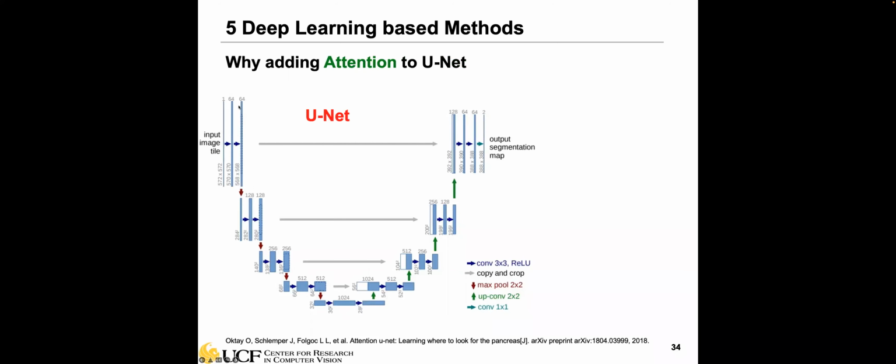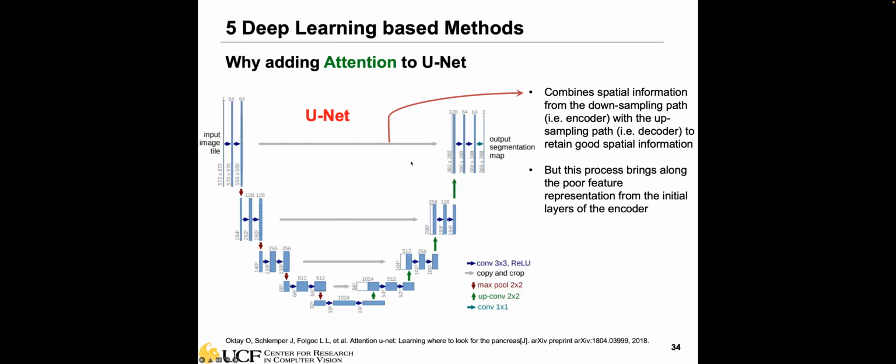So let's look at some of the details of this attention unit. This is the vanilla UNet structure, right? An encoder-decoder structure. And this skip connection here is trying to combine some of the spatial information from the encoder with the decoder part to retain spatial information, as I discussed earlier.